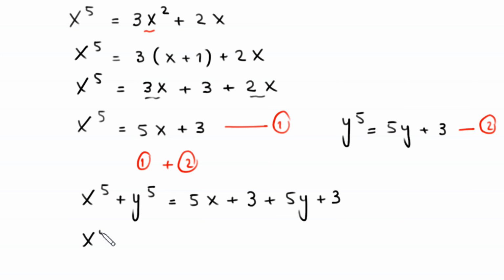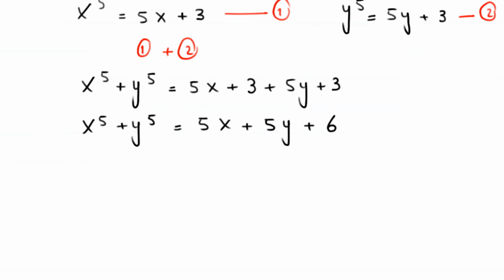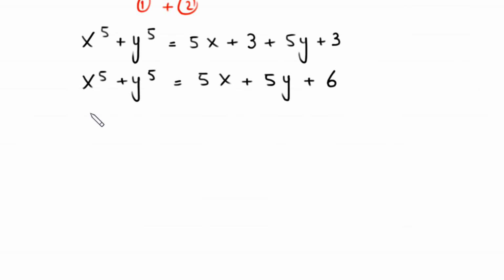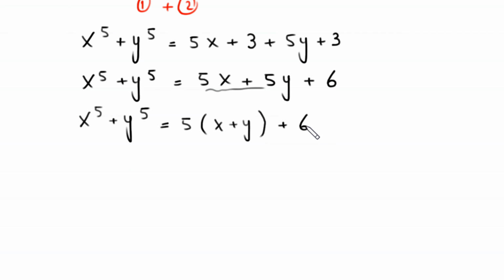Next, x to the power 5 plus y to the power 5 is equal to 5 times x plus this 5 times y plus this 3 plus 3 will become 6. Next, x to the power 5 plus y to the power 5 is equal to, from these two terms we can factor out 5, in bracket x plus y, plus 6. Let's call this equation number 3.